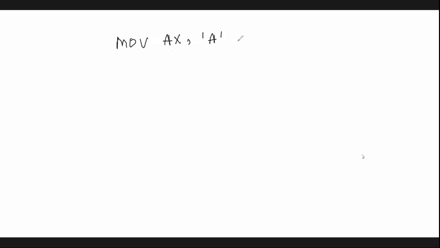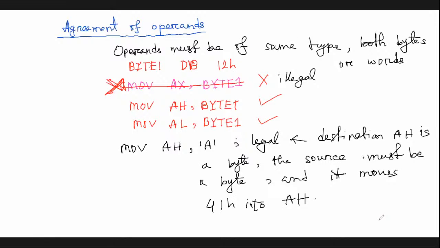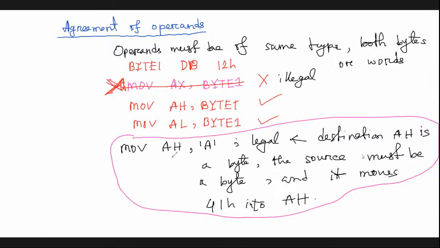Sir, it is AX here, it is 8-bit. Which one is 8-bit? AX? X is 8-bit, that is what you know. If AX is 8-bit, what about A?